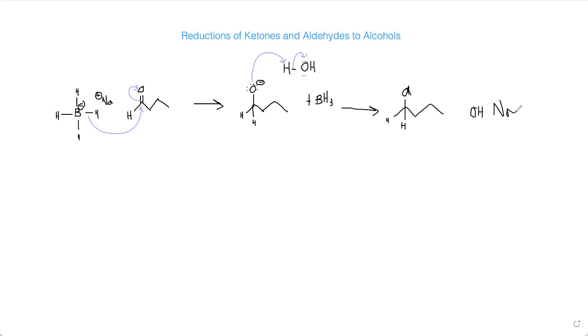And this is our first reduction, which, as I mentioned, is using sodium borohydride. Now you can do basically the same reaction using lithium aluminum hydride, which looks like this.